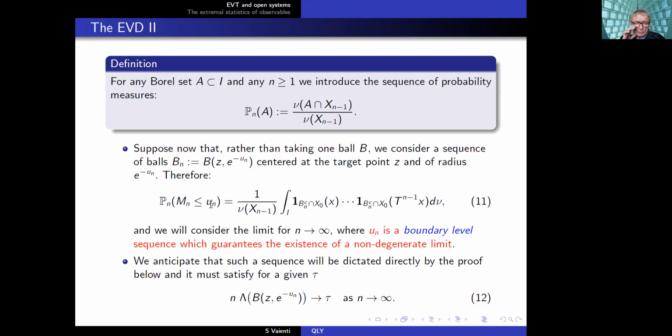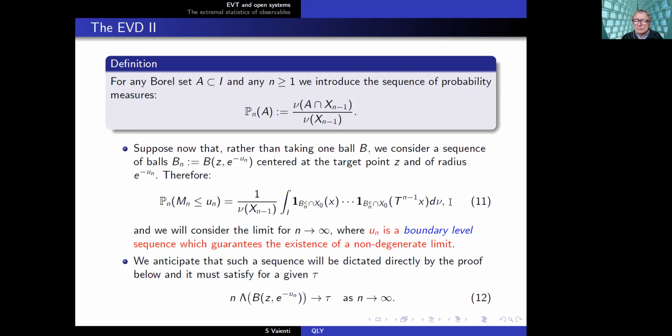I will see in a moment why I put the index n. This equation is true even if Un doesn't depend on n. It's just a positive real number U. If you apply this probability measure to this event, you see immediately that it gives you this integral.